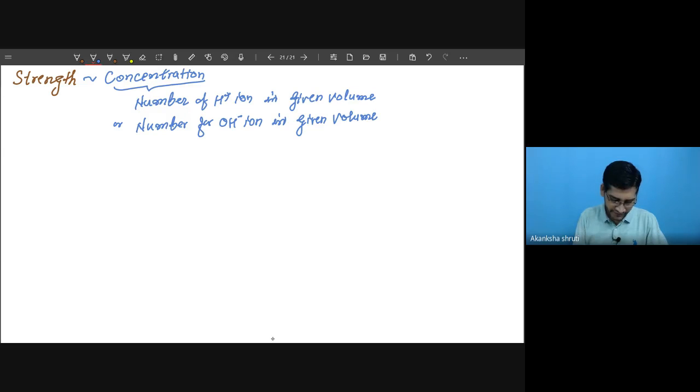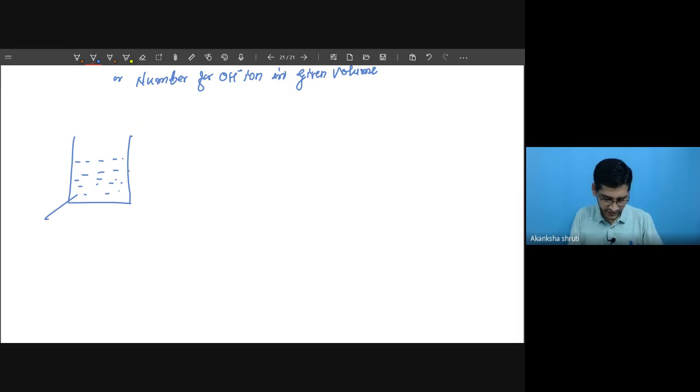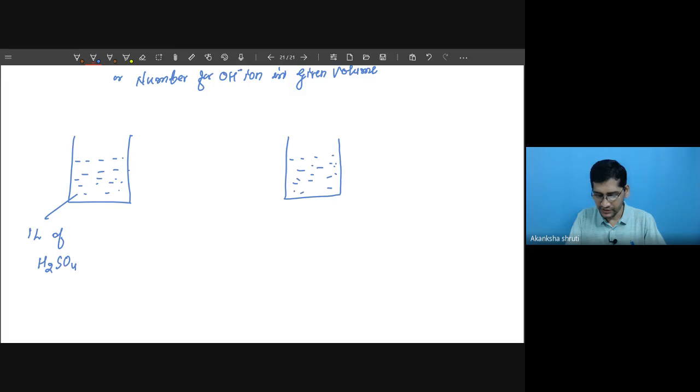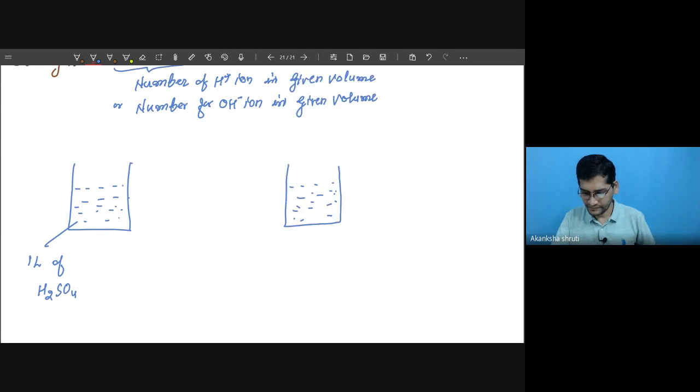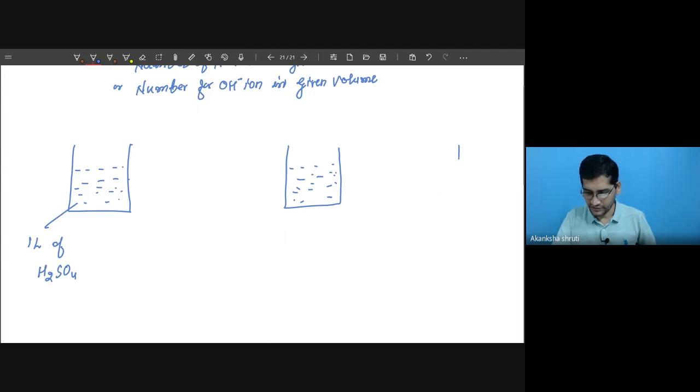Means if you are taking, say, 1 liter of our H2SO4, and in another, weaker one, you are going to take 1 liter of say weak acid. Let me take the third one also.